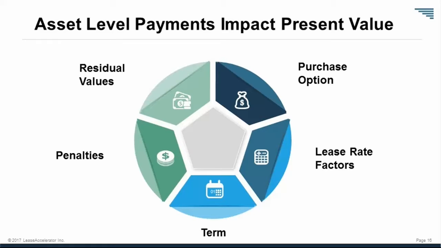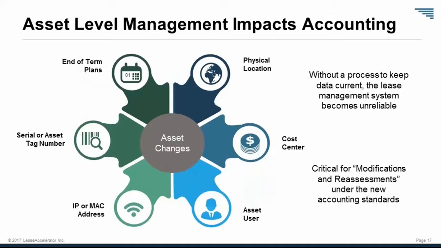Okay, so asset changes that occur throughout the life of the lease impact accounting. As the header says, asset level management impacts accounting. Management of those changes at the asset level is critical for compliance. Without a process, without policies and procedures, hopefully all automated, to keep the data current, the lease management system will eventually become unreliable.